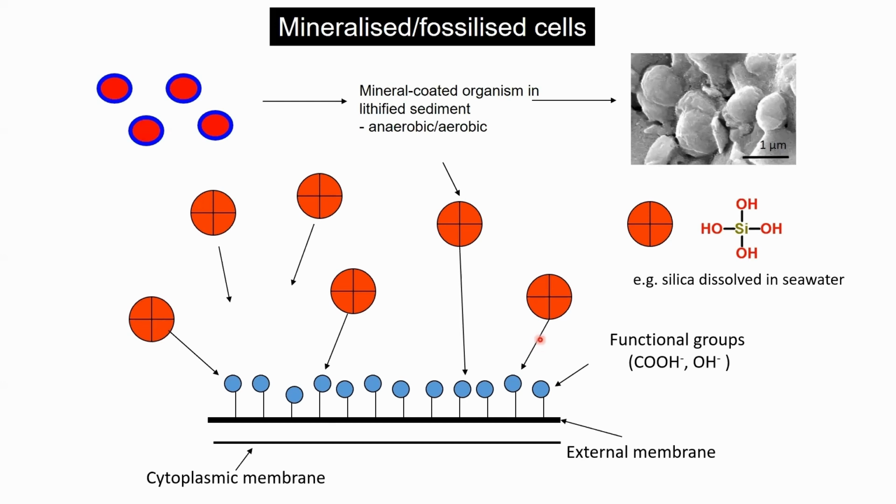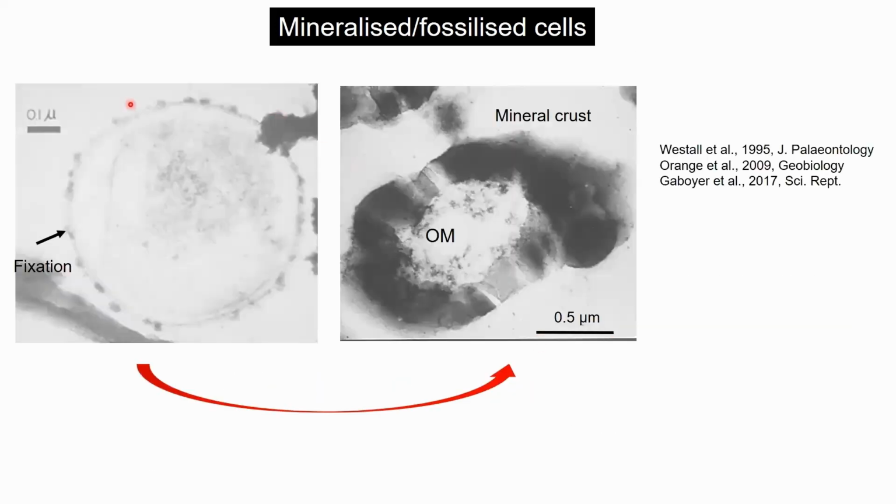And once the minerals have started precipitating around the edge of the microorganism, this is a micro-thin section of a microorganism. The scale here is 0.1 micron, and the dark spots are where minerals are starting to precipitate around the edge of the organism.